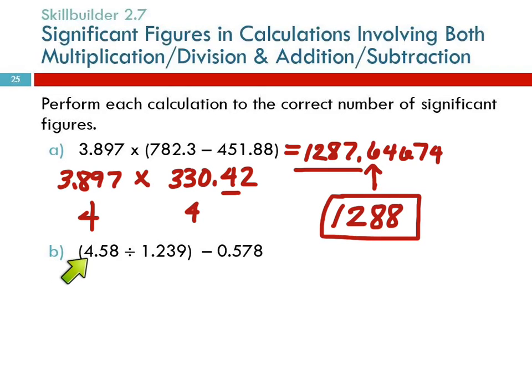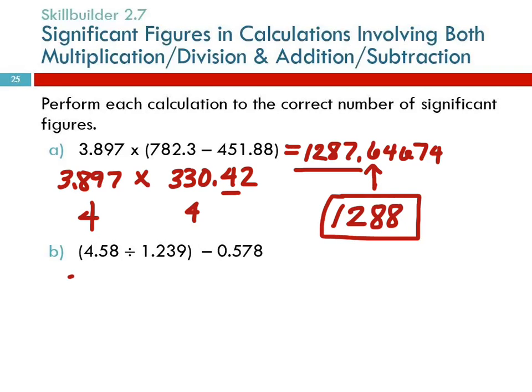Here we have 4.58 divided by 1.239, minus 0.578. Well, let's look at what's inside the parentheses first. 4.58 divided by 1.239.